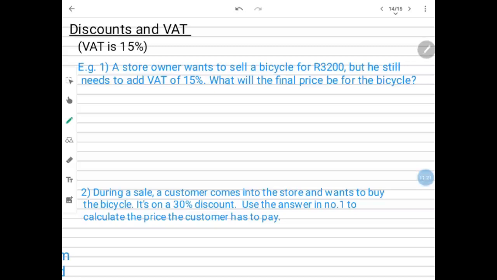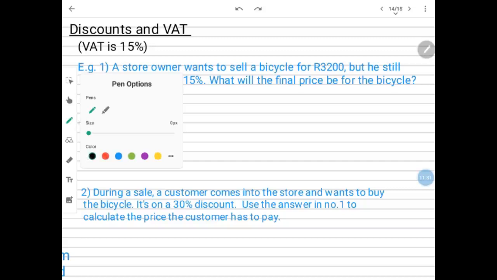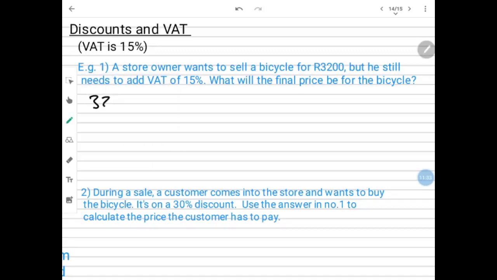We're doing it as follows. Let's start with the 3,200 Rand, and we multiply it with 15%.